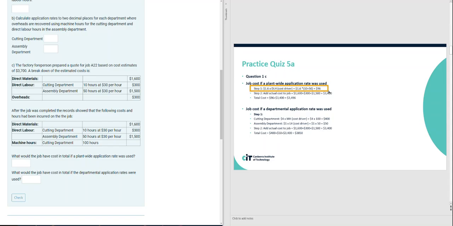In this case, that's 60 hours, where you can find it from here. The actual hours incurred is 60 hours, and therefore the answer is $96.